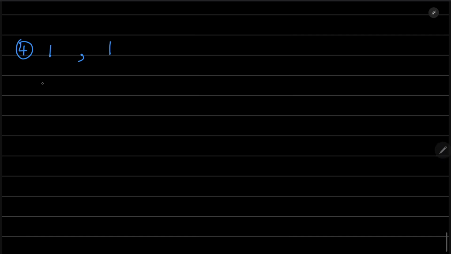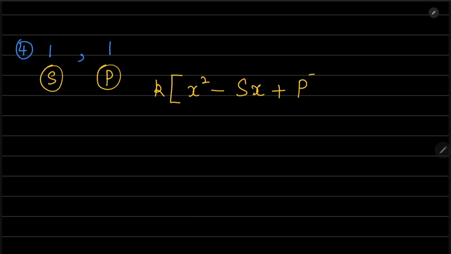1 and 1. Okay. So the sum of the zeros is 1. The product of the zeros is also 1. So the formula is k multiplied by x square minus sx plus p. This is the formula if we know the sum and product. Let's substitute it. X square minus 1 into x plus 1. Right.